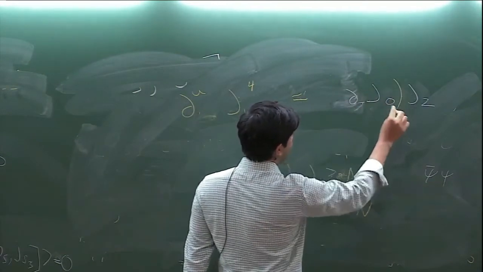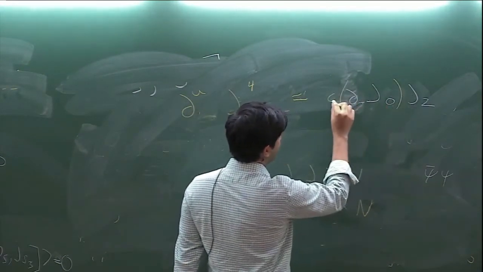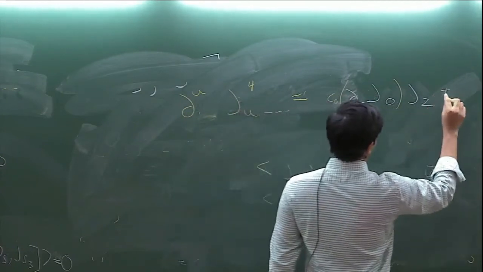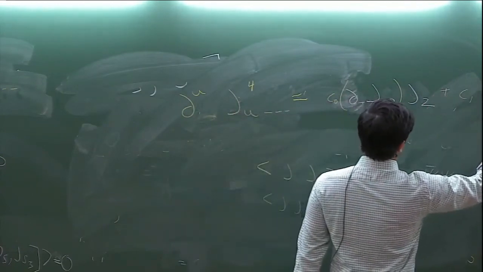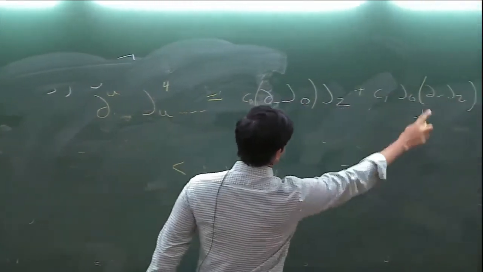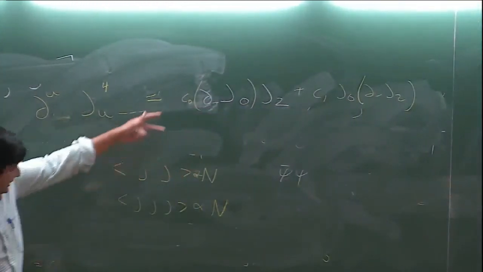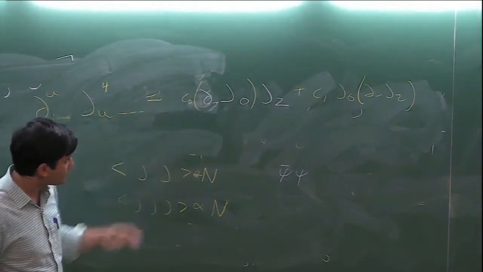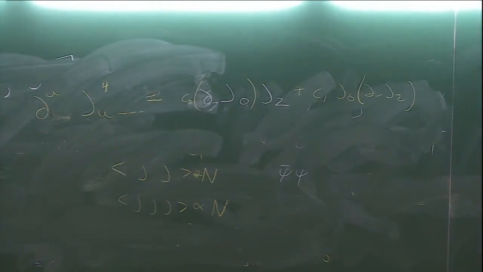So you have a term where the derivative acts like this, plus a term where the derivative acts like this, and by demanding that this is annihilated by K, the ratio of C1 and C0 is fixed.